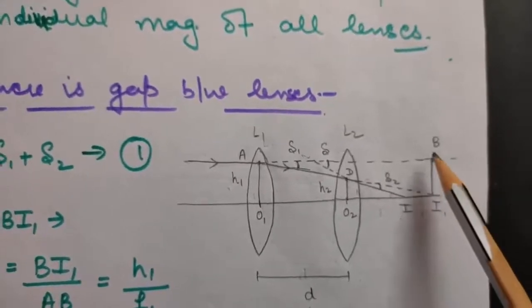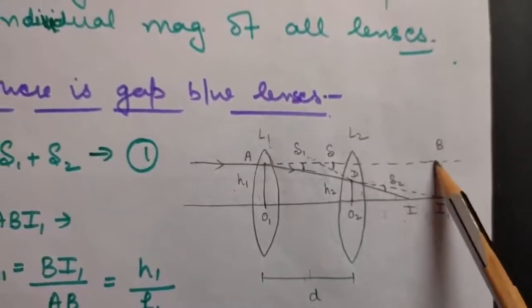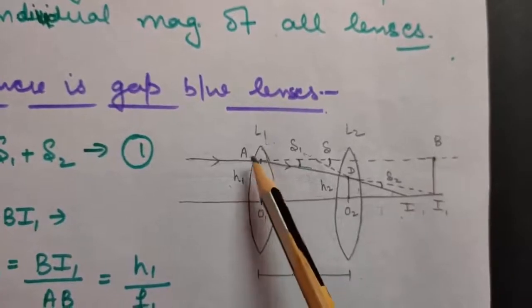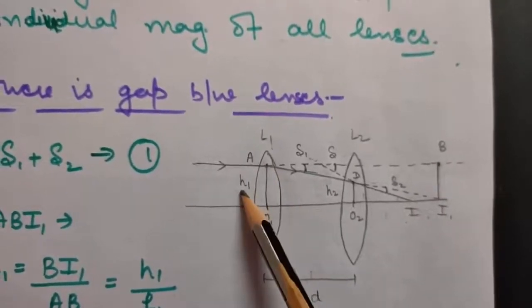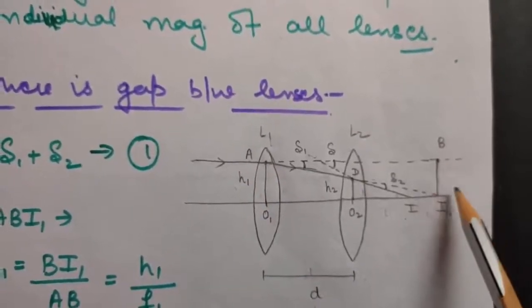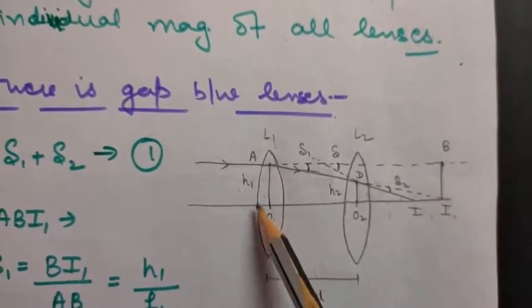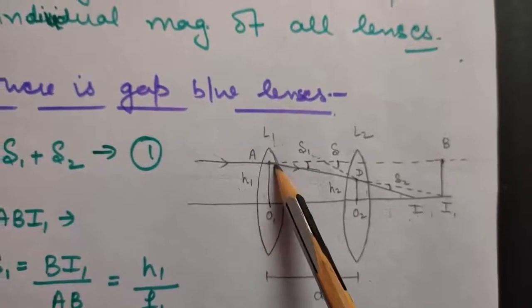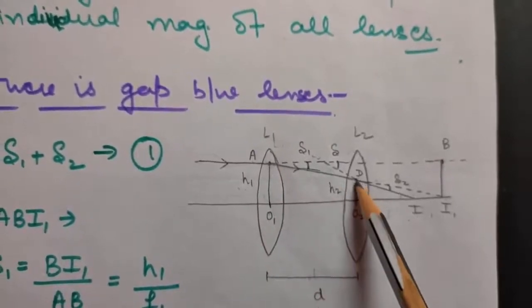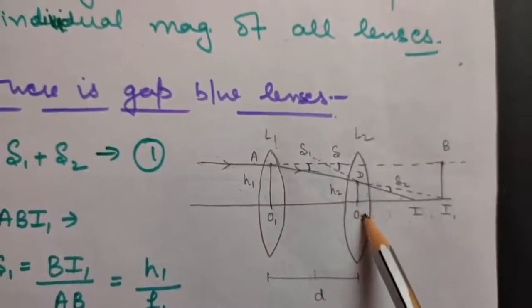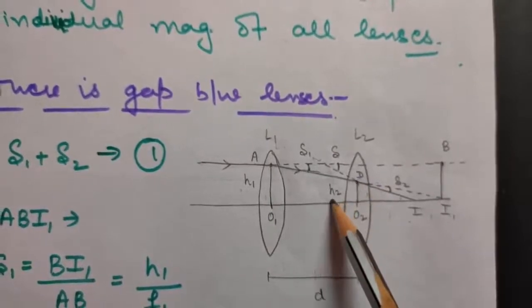Now if I draw a line here, I am denoting this point by B, this point by A. So O1A is H1 and I1B will also be H1 obviously, because this is the same height. Now this ray is deviated here, so I am denoting this point as D, and O2D I am taking to be H2.